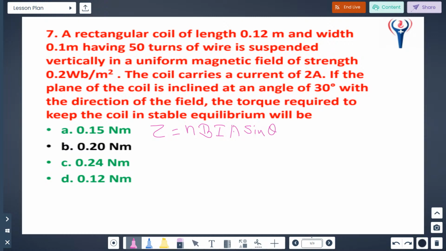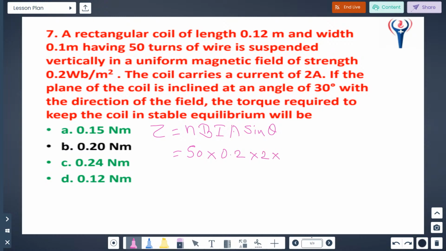N is given as 50 turns. Directly we can apply: N equal to 50 into B. B is 0.2 Weber per meter square. Already I said the unit of B will be Tesla or Weber per meter square; both are SI units. 50 into 0.2 into I. What is the value of I? Current I equal to 2 ampere.